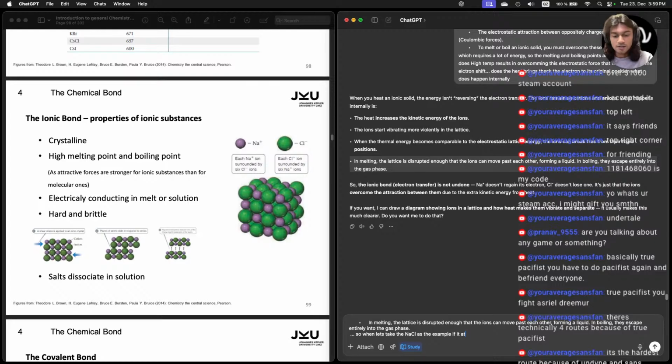At the boiling point, would it go to the gas phase as Na gas, or Na and Cl, would they split?